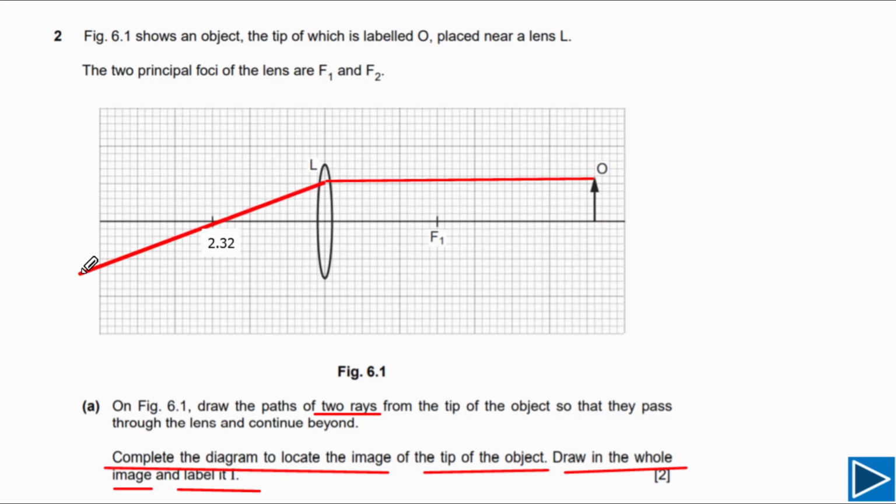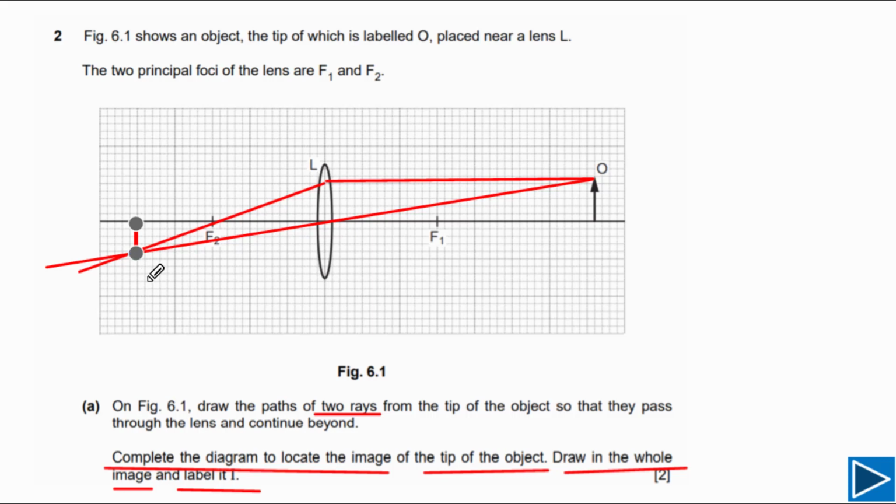We will draw like this. Now we need to draw another ray, and that one again we will take from the tip of the object, and this will pass through the optical center and it will go straight. And where these two rays meet, our image will form. In this case, our image will form at this point.